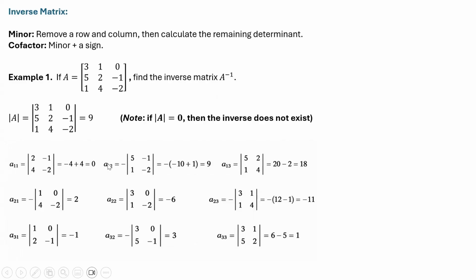Then A1,2. 1,2 means first row, this one, and second column, which is this one. You're going to eliminate this column, and look, this is a cofactor. So in a matrix, let's say a 3 by 3 matrix, the first sign would be plus, the second one would be minus, the third one plus, so it will go like this.